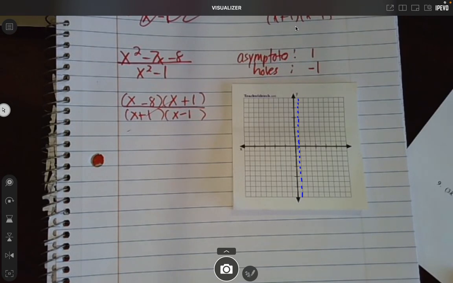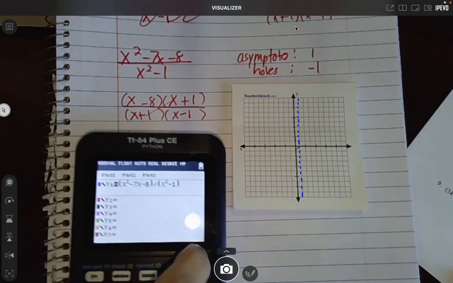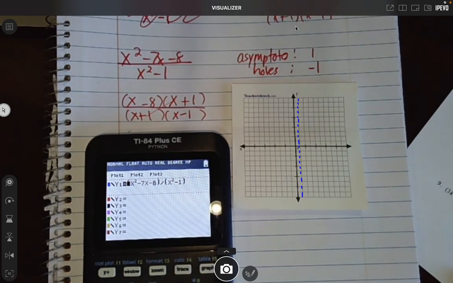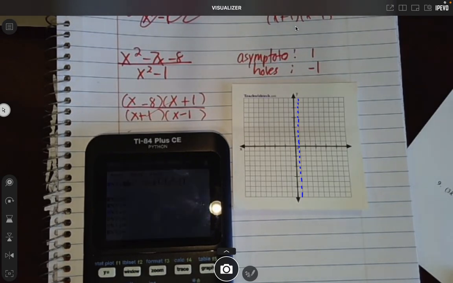Now look, the whole top, and Hannah Catherine, this is what you were asking about a little while ago. Since there are several things in the top, that has to go in parentheses, and several things in the bottom, that has to go in parentheses. And then I'm just ready to press graph and get some points.